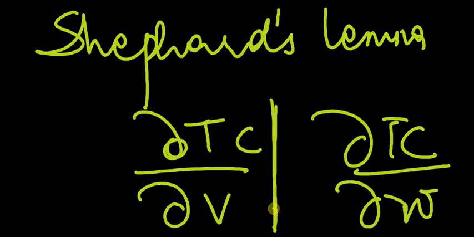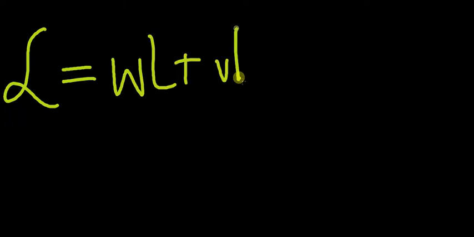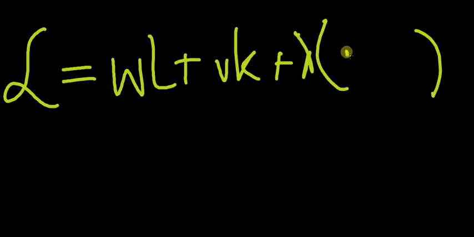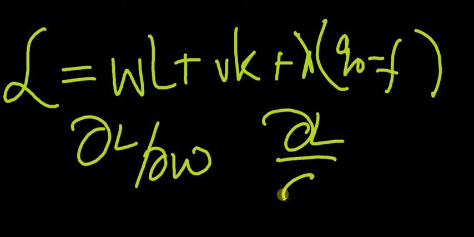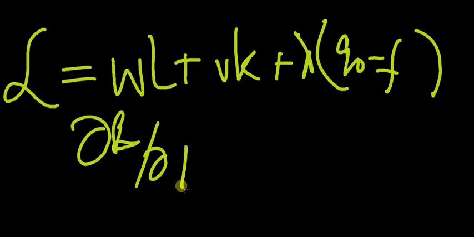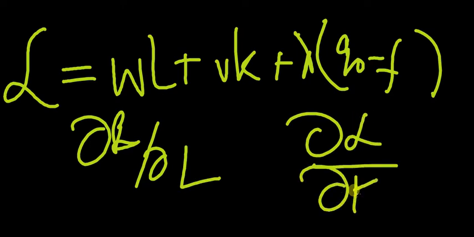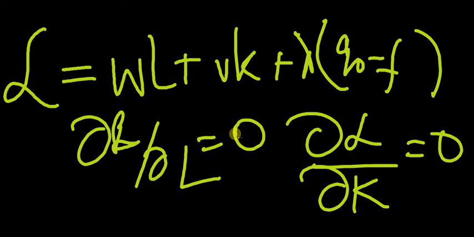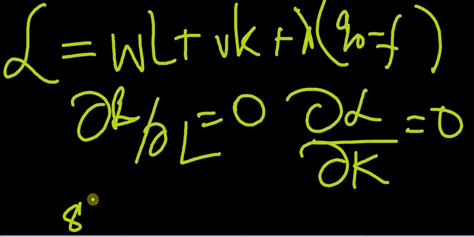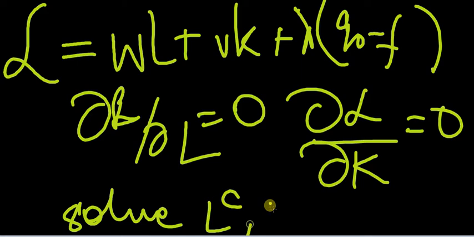Okay, so I would repeat myself. One way to find the contingent demand function is to form a Lagrangian: write WL plus VK plus lambda times the constraint function, then differentiate the Lagrangian with respect to labor and with respect to capital, equate to 0 and solve to get the contingent demand functions.